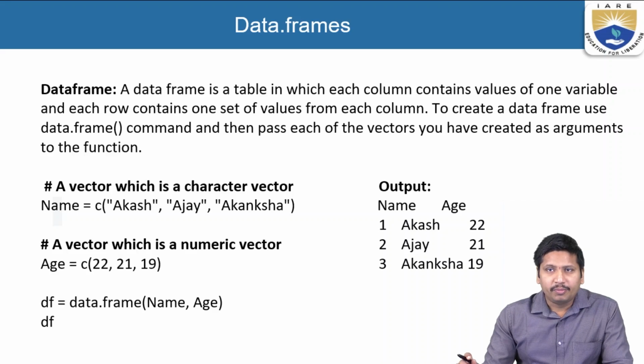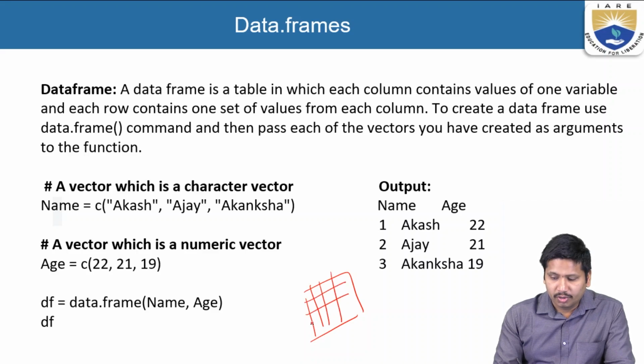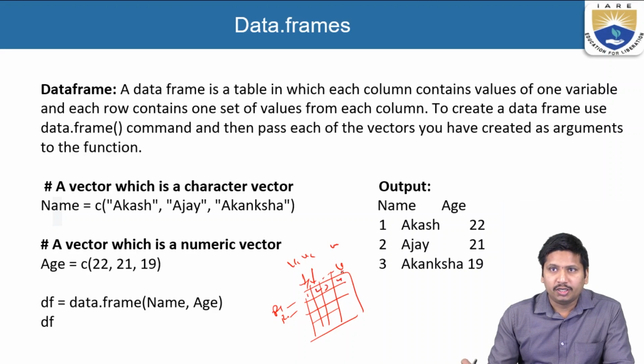So the data frame is nothing but a table, in which each column contains the values of one variable and each row contains a set of values for each and every variable I took here.